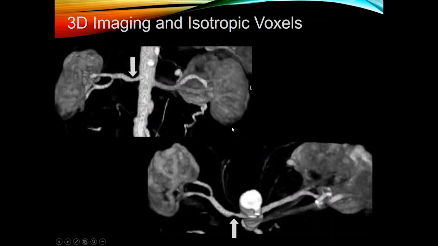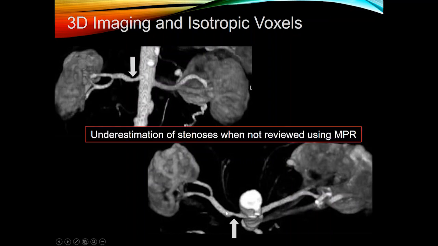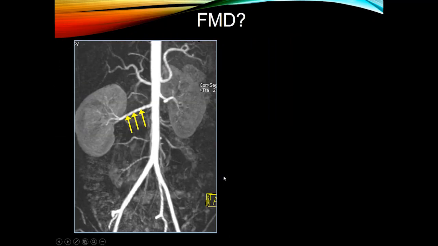So again, even though I don't completely rely on these images, it does demonstrate in this case how important it is to understand that stenoses may occur in various different ways, and just looking at one single plane is insufficient to make the diagnosis. You really want to go down the barrel of the vessel and understand what the degree of stenosis is.